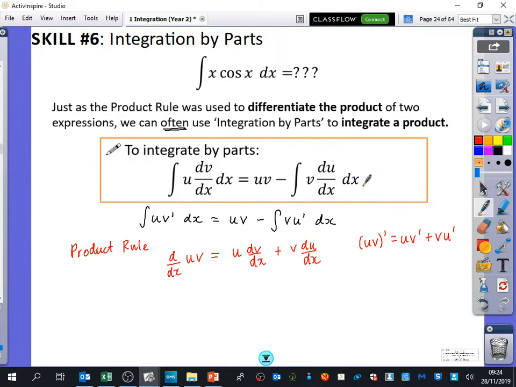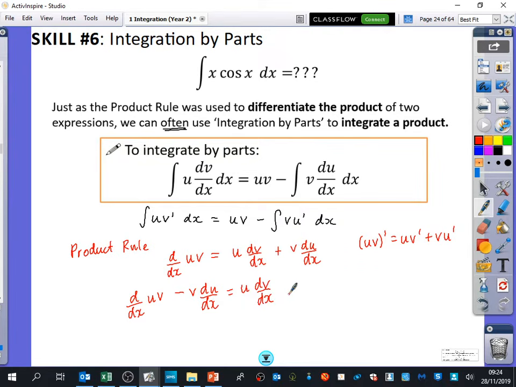Now, the thing that sort of looks like the subject is the u dv/dx. So I'm actually going to keep this bit as the subject, and I'm going to rearrange it so that that goes onto the other side. So we have the derivative of uv minus v du/dx is equal to u dv/dx.